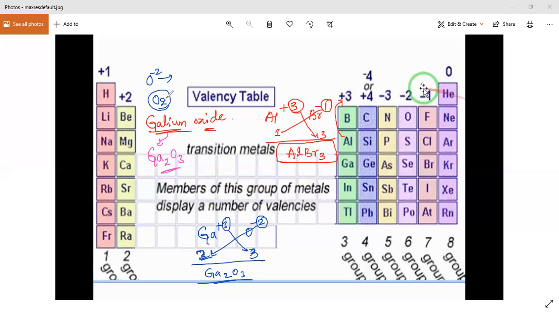Oxidation number is nothing but the number of electrons lost or gained to fulfill the octet configuration in the outermost shell. Suppose we take oxygen, how many electrons are there in the outermost shell? I asked you this question, but went into different topics afterwards. What is the oxidation state?